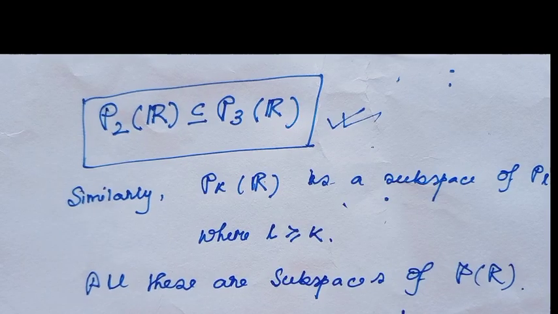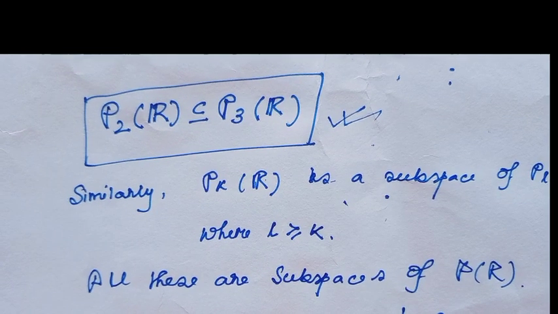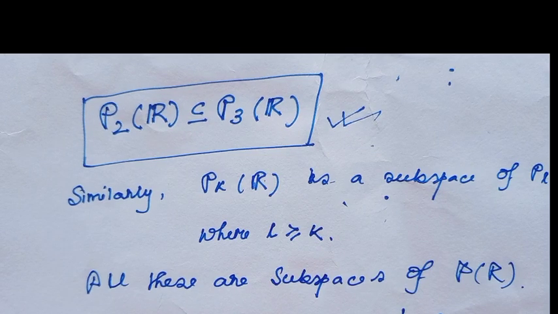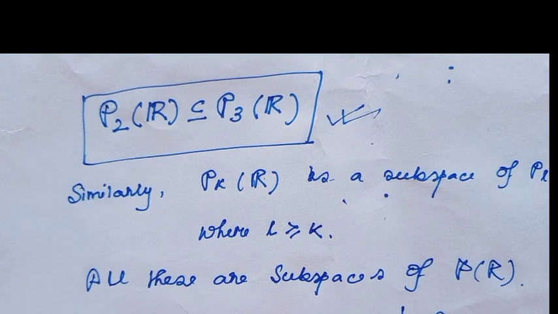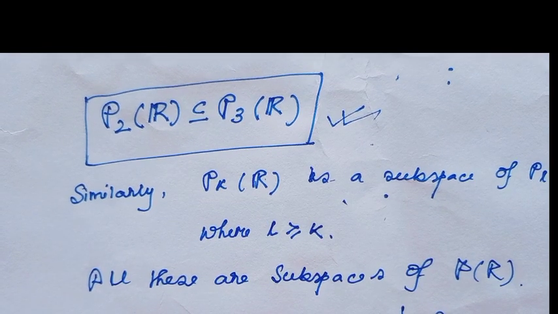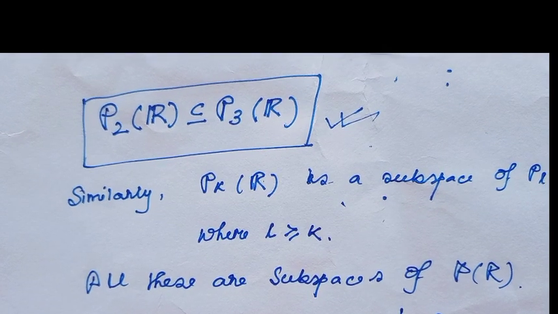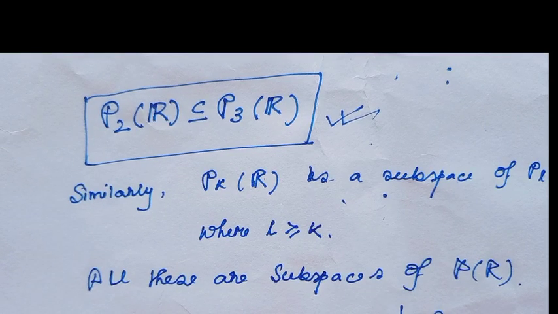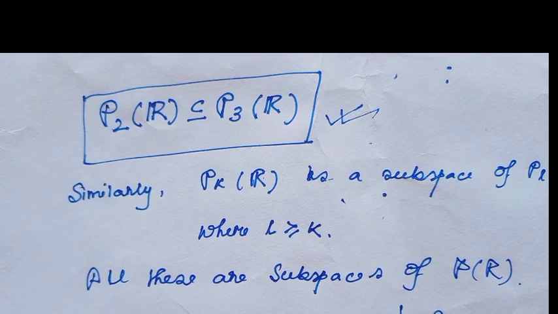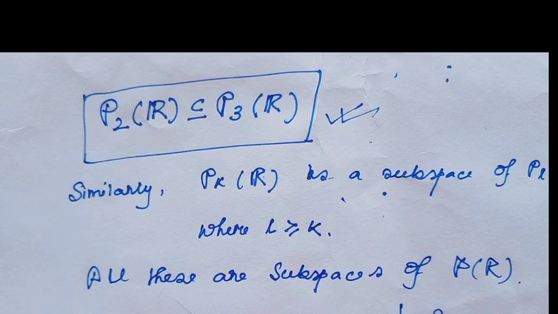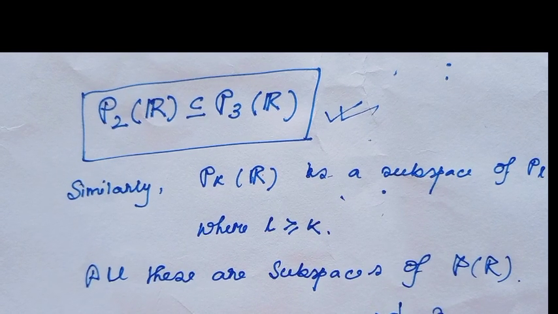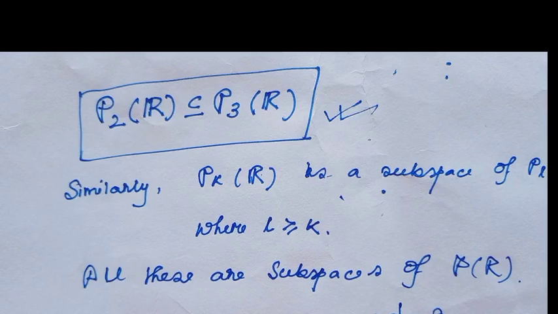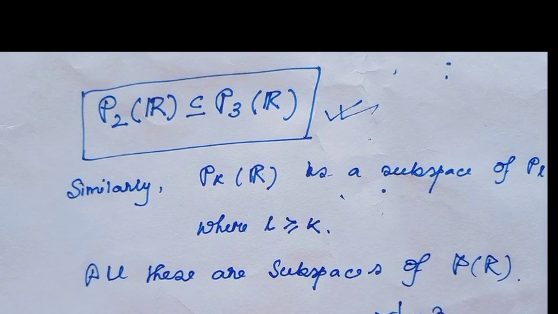Polynomials of degree 2 with real field are always a subspace of polynomials of degree 3 with real field, because the sum of two polynomials of degree 2 is a polynomial of degree 2, and their scalar multiplication is also a polynomial of degree 2.